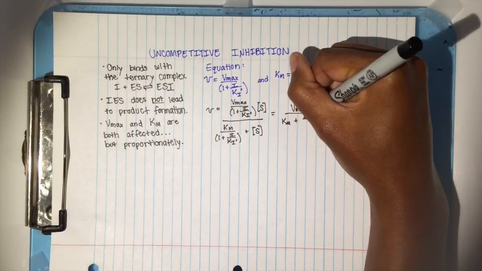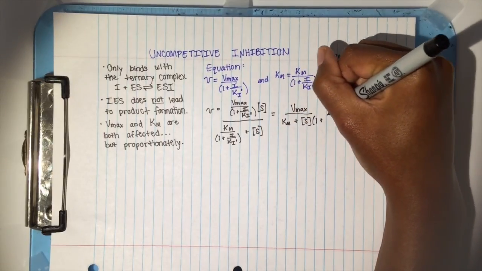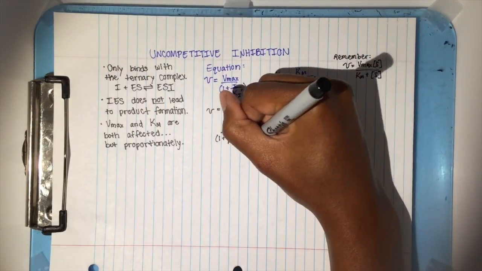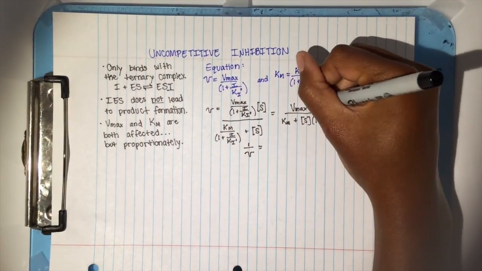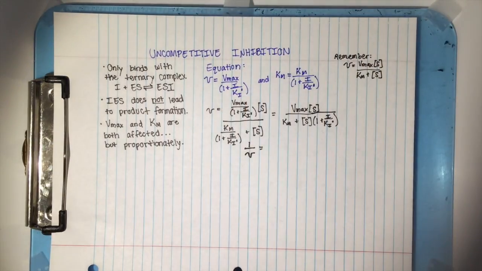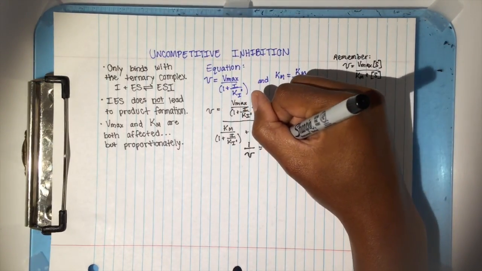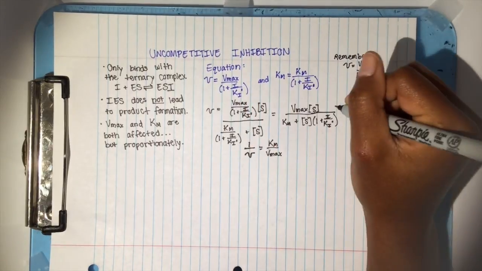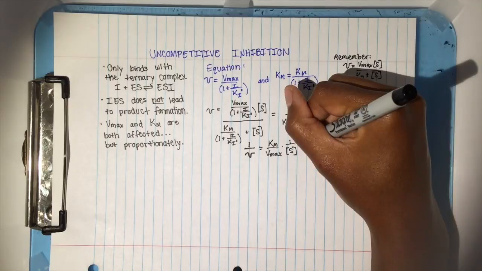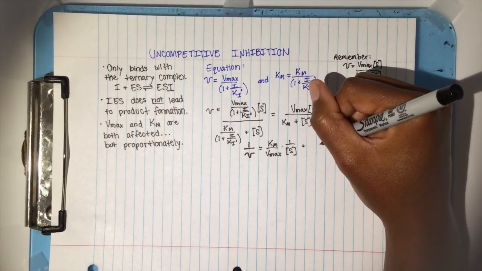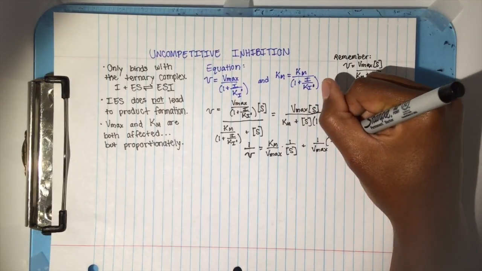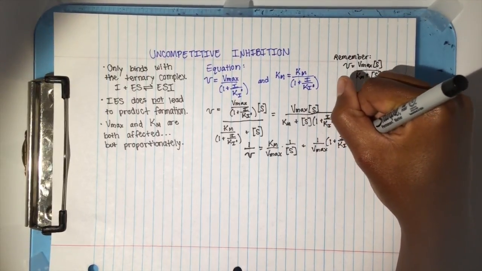And so we can simplify this to Vmax over Km plus S times 1 plus I over Ki prime. And so we can then take the reciprocal to get it in our Lineweaver-Burk form. And this simplifies to Km over Vmax times 1 over S plus 1 over Vmax times 1 plus I over Ki prime.